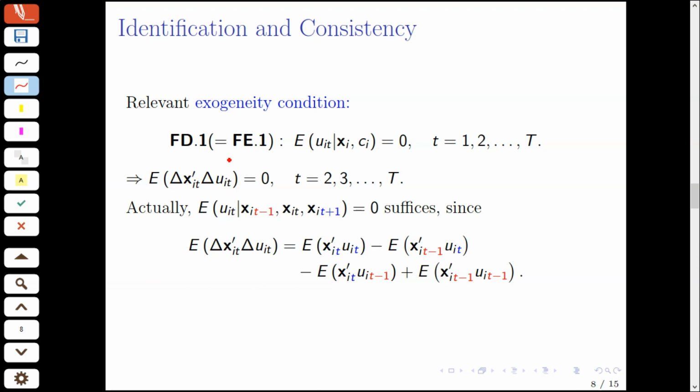In fact, one may show that we can get by with a weaker type of assumption, stating that the conditional mean of u_it in any period, when conditioning on regressors in the same period as well as the preceding and following periods, should be equal to 0. This follows from just expanding on the product of the first differences and seeing that we never encounter anything but products that involve variables within one period of time.